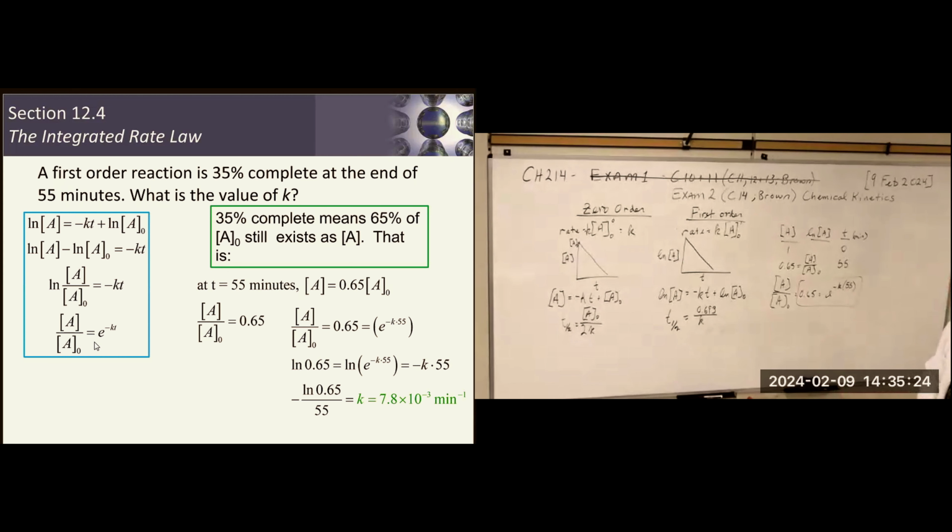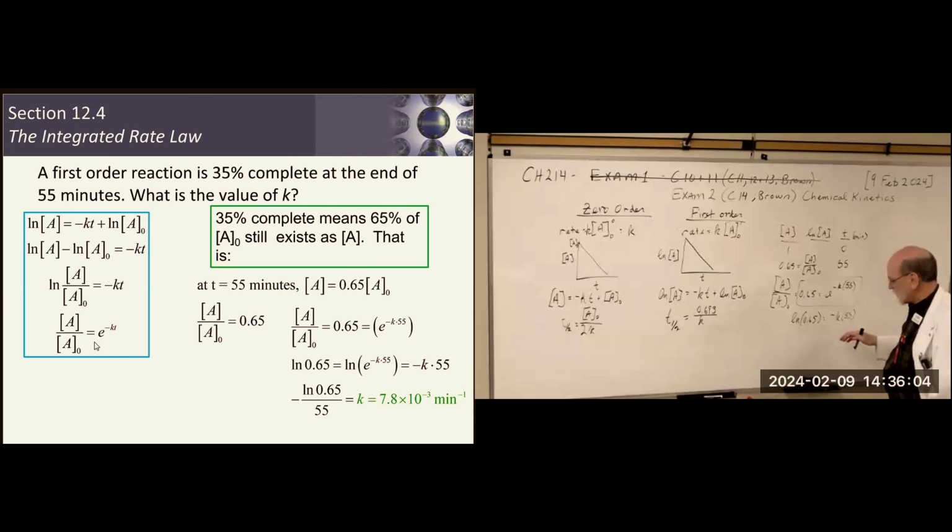Take the natural log of both sides, right? So the natural log of this side, 0.65. The natural log of E is the exponent of the E, because the base of natural log is E. So E to what power is equal to that? It's this value right here. So that's minus K times 55. There we go. Remember your logs, way back in the Stone Age.